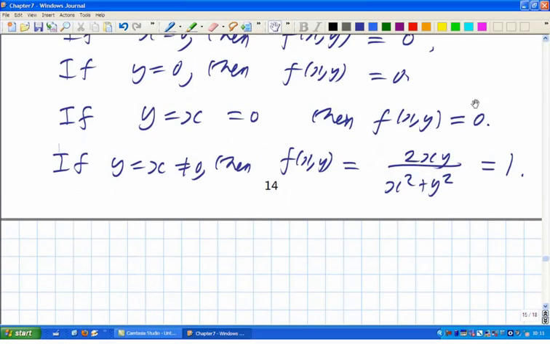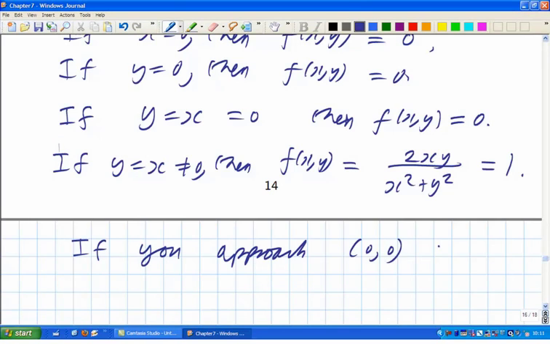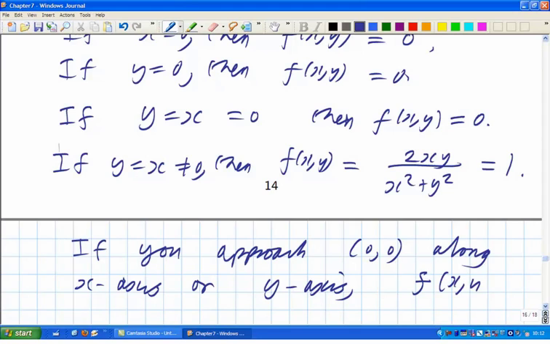So what happens if you approach the origin along the x-axis or the y-axis? The function values tend to 0 because, in fact, they are 0.